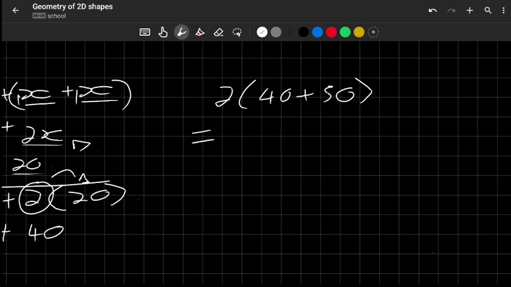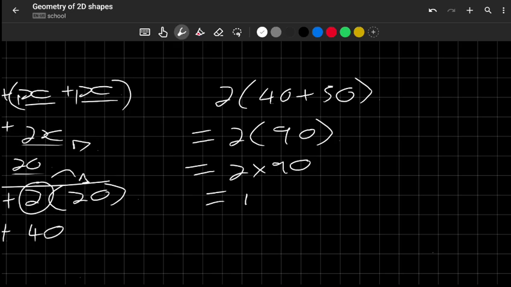what you can do is say 2 multiplied by, simplify inside, you have 90 there, and then 2 multiplied by 90. You don't need to write that, you can skip that, close to 180, right?